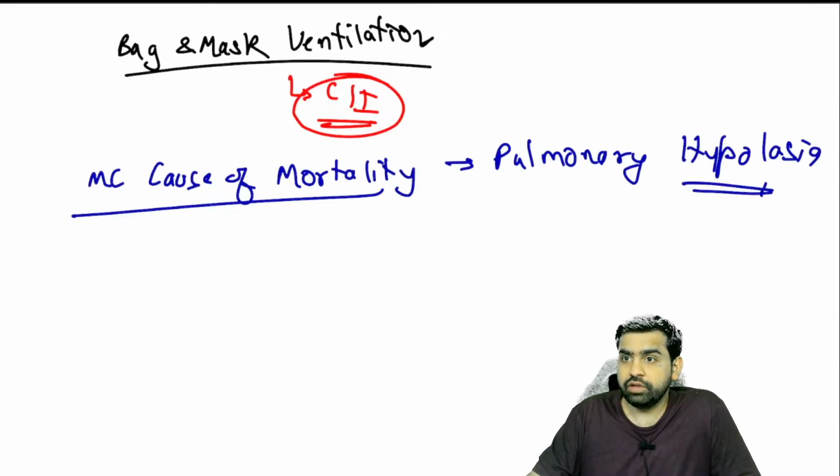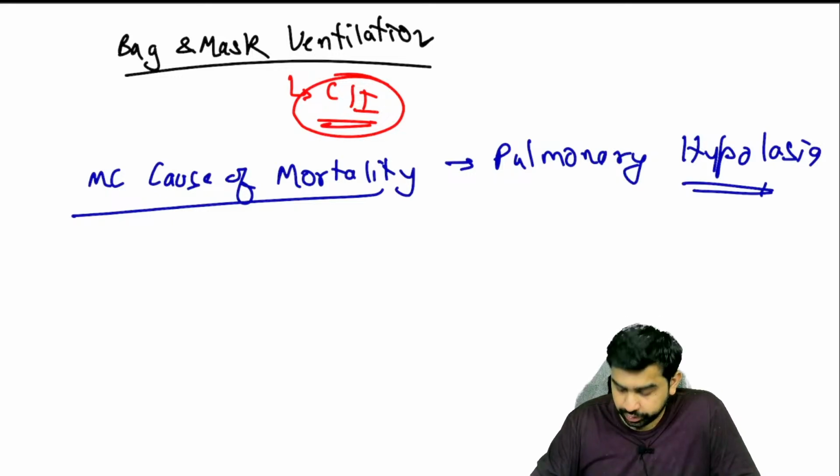So lung development is a problem over here, and because of this the patients are going to have pulmonary hypoplasia, which is the most common cause of mortality in these patients. I hope you are able to understand this point, guys.